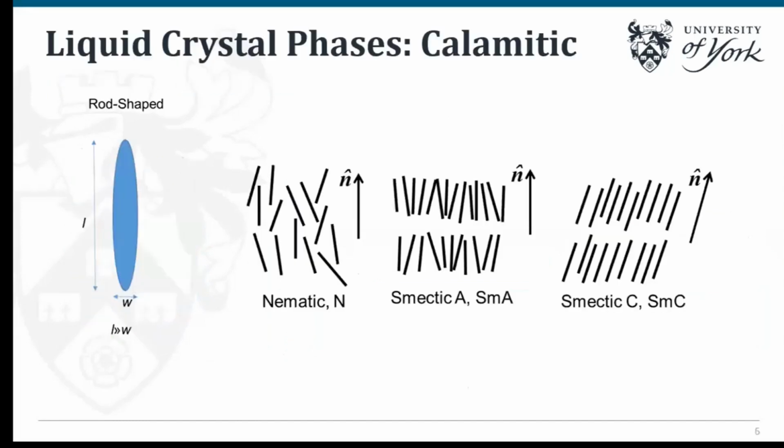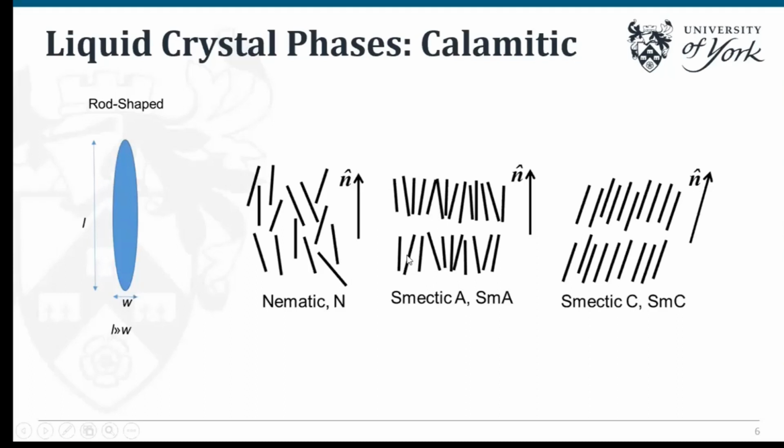The rod-shaped molecules are more exactly called calamitic molecules, and they give rise to a particular set of liquid crystal phases. The most simple of the phases is the nematic phase, where the molecules have orientational order, as each molecule tends to orientate so it's facing in one particular direction on average, which is known as the director, but they have no positional ordering.